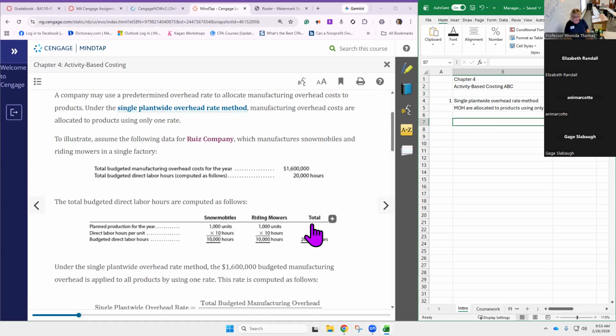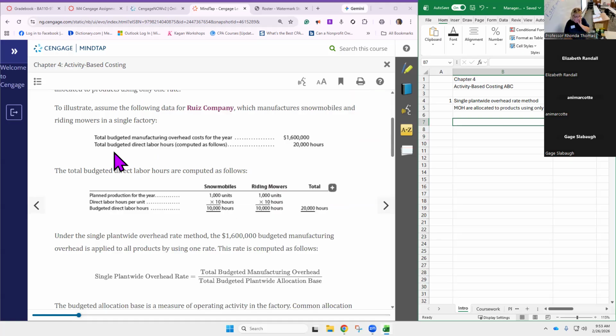So here is an example of the single plant-wide overhead rate. You have total budgeted overhead costs for the year. Then you have total budgeted direct labor hours.